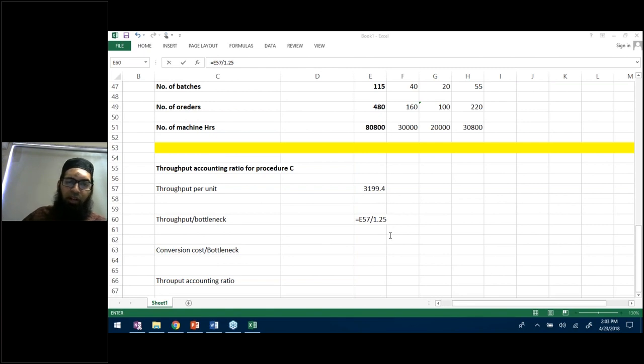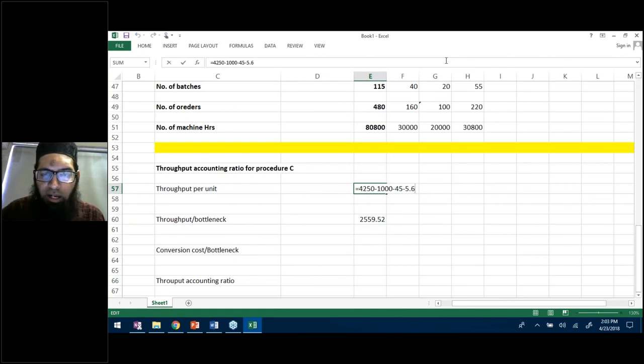One of the students has asked me to redo the first step. So sure, I will be doing it. So this was the first step. In the question, we have been told that the selling price is 4250, and there are 3 different kinds of material. One costs 1000, the other one costs 45, and the last one costs 5.6.